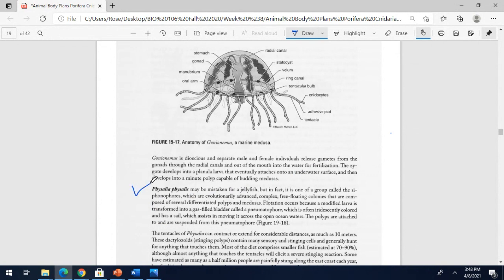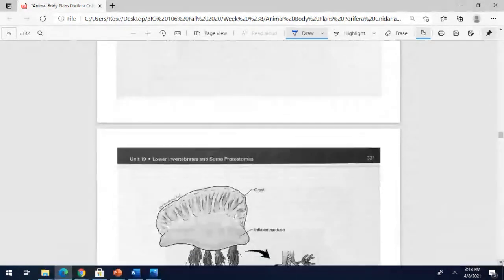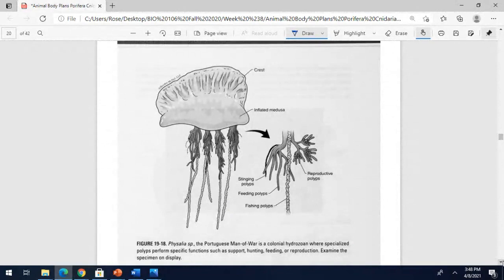So this here, which we are talking about, is our Portuguese man-of-war. And this is the pneumatophore, the one that's the bubble, which we're talking about. So here now is a more detailed structure in addition to the PowerPoint slide I just showed you.